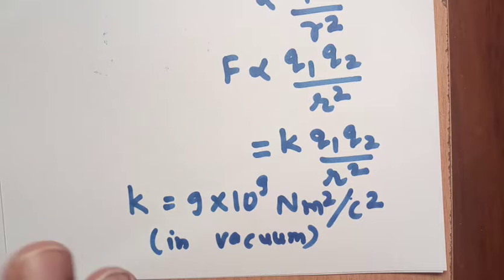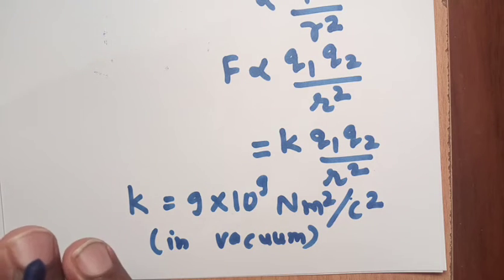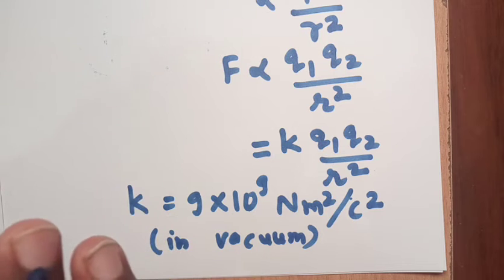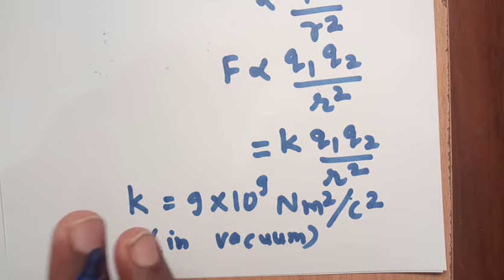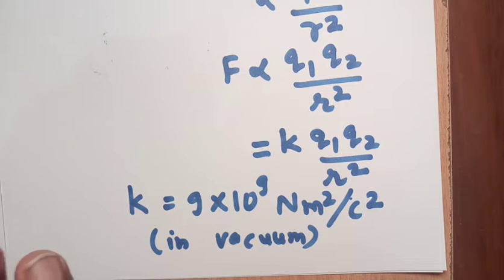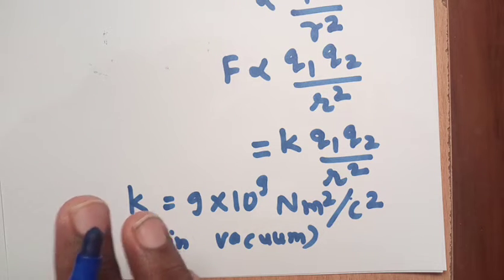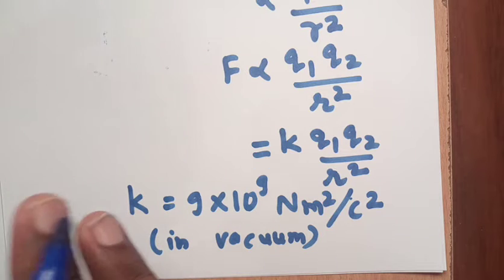So the force depends on Q1, the first point charge, Q2, the second point charge, and inversely on the square of the distance. If you double any of the charges, the force becomes doubled, keeping other things constant. Later on it was found that this force also depends on the medium. To account for such variation, K began to be written in a different manner.